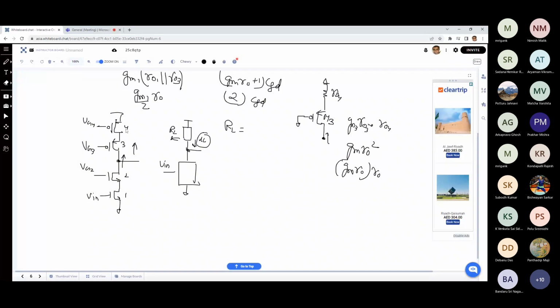Now, next is what is the small signal current going up? Ultimately we want to find out what is the small signal current coming out of the drain of M2. So it should be GM1 times V in. GM times V in. Okay.